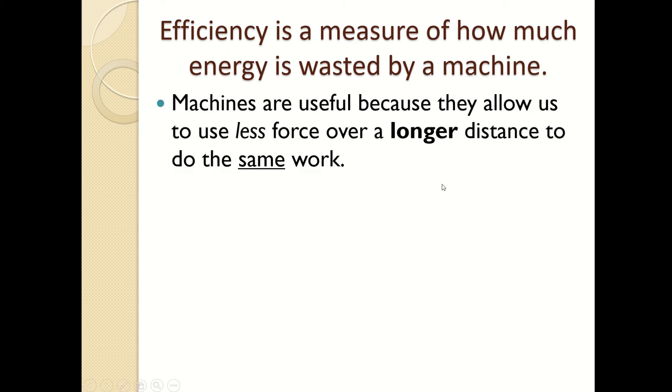Again, machines are useful because they allow us to use less force over a longer distance to do the same work. Because remember, work is force times distance, and you can get the same work done if you have less force but more distance, or more force and shorter distance.